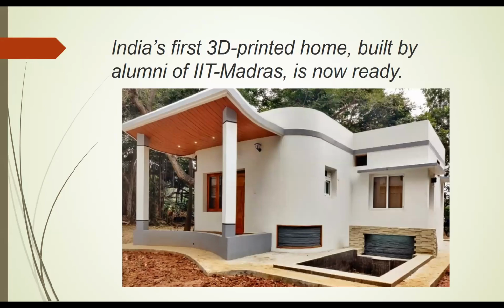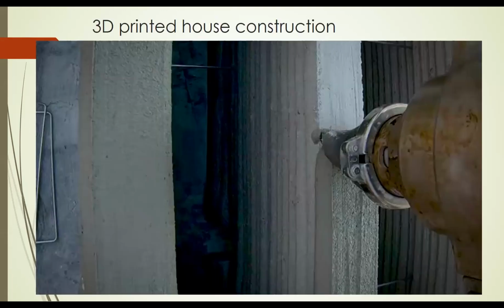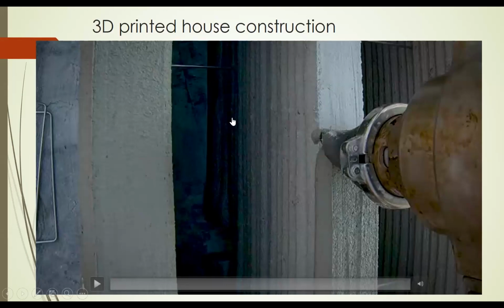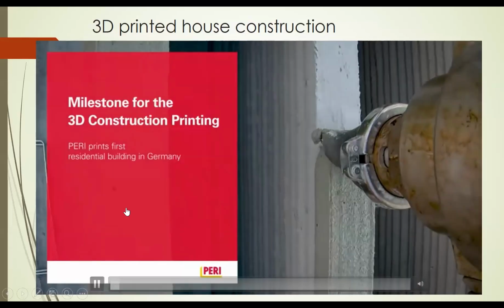How it actually works, I will share with you also. This machine makes a wall layer by layer. You can see these are the layers. The machine takes a complete round of the home. I'll play this video also.